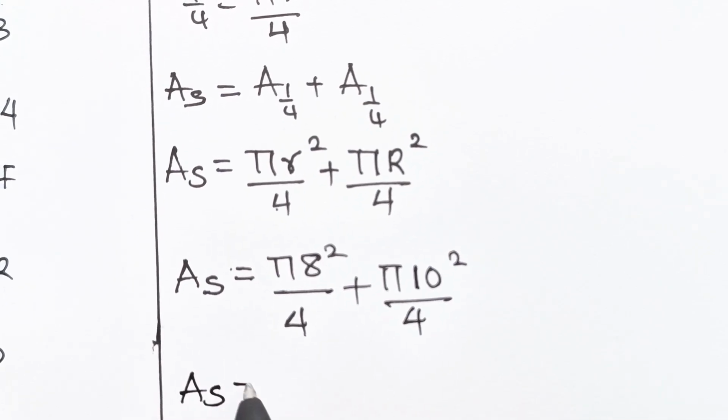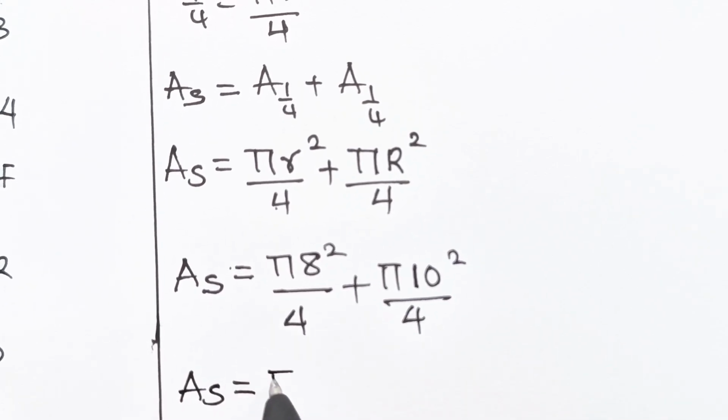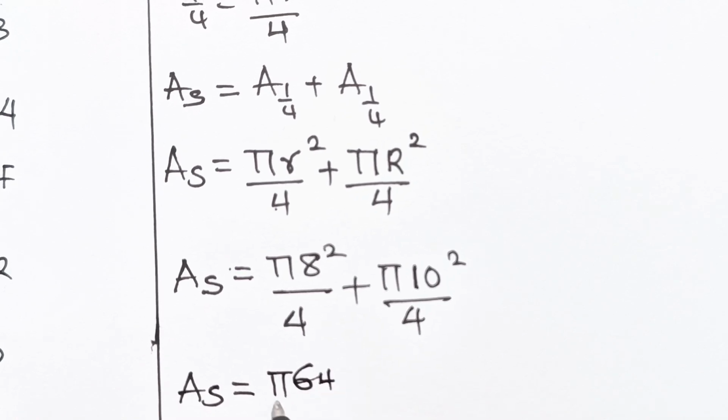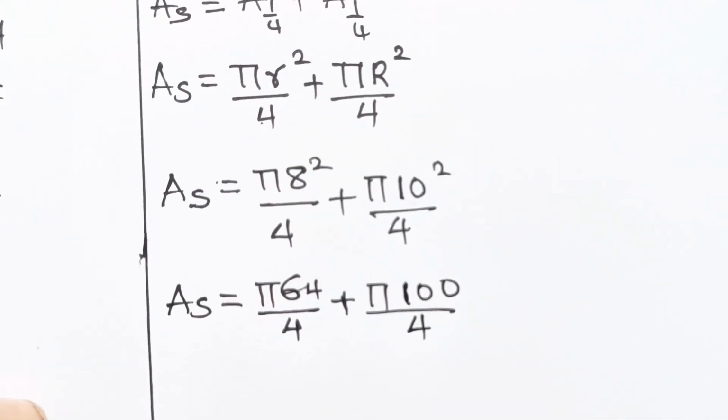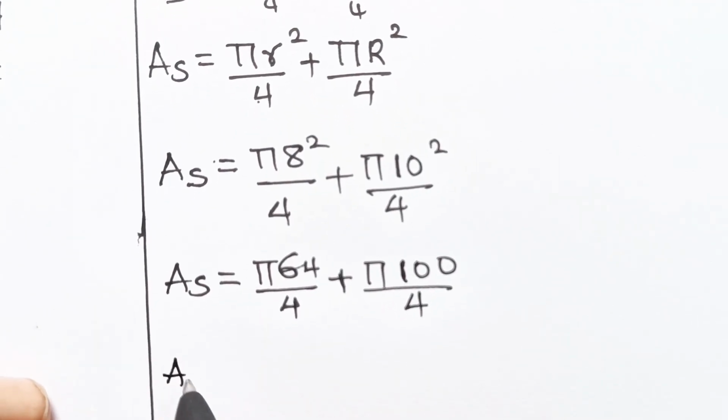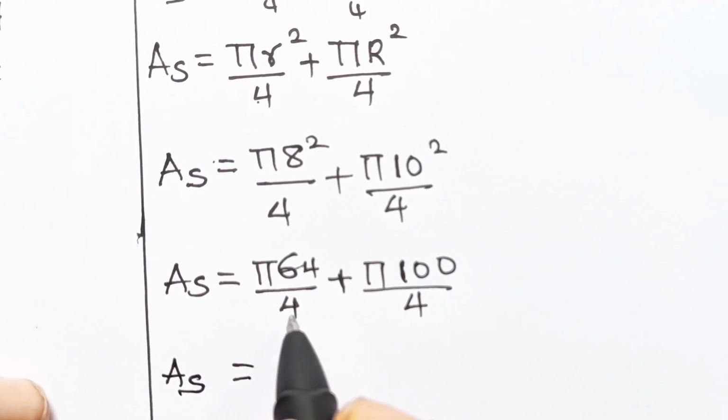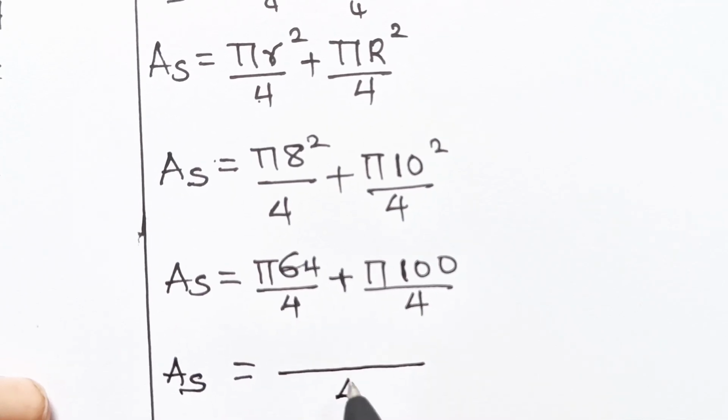So the area of the shaded portion should be pi times 8 squared, which is 64, over 4, plus pi times 10 squared, which is 100, over 4. They share the same denominator, right?